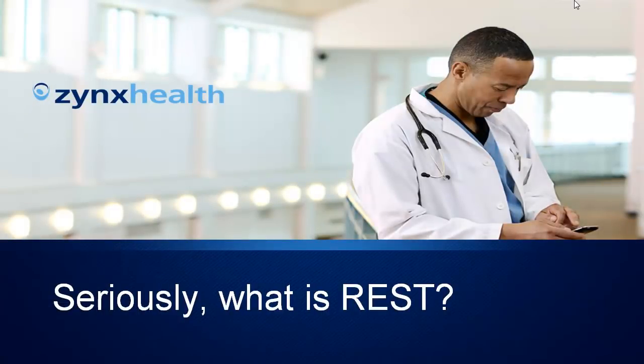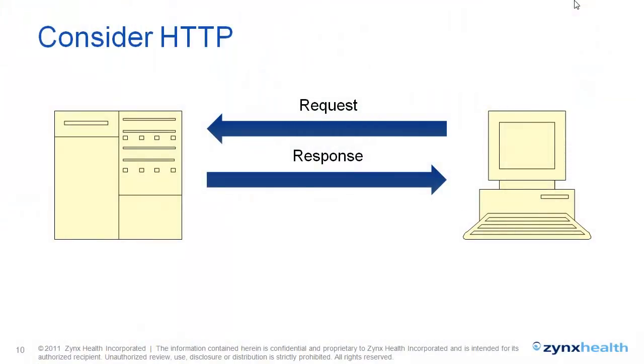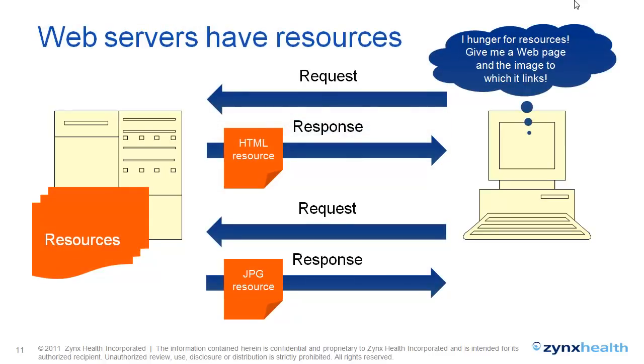So enough about why REST. What about REST? Well, to understand REST, the best approach is to consider its most popular example, that being HTTP itself. The fundamentals of HTTP, of course, are request and response. A web client, a browser, for example, will typically request a number of resources from a web server or server farm. It doesn't actually know what machine it's talking to.